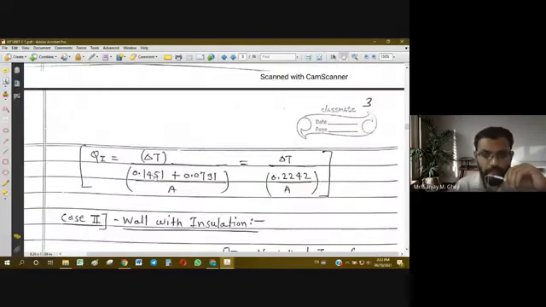Area being the same in the denominator, addition will take place on the numerator side. So delta T upon 0.2242 upon area.